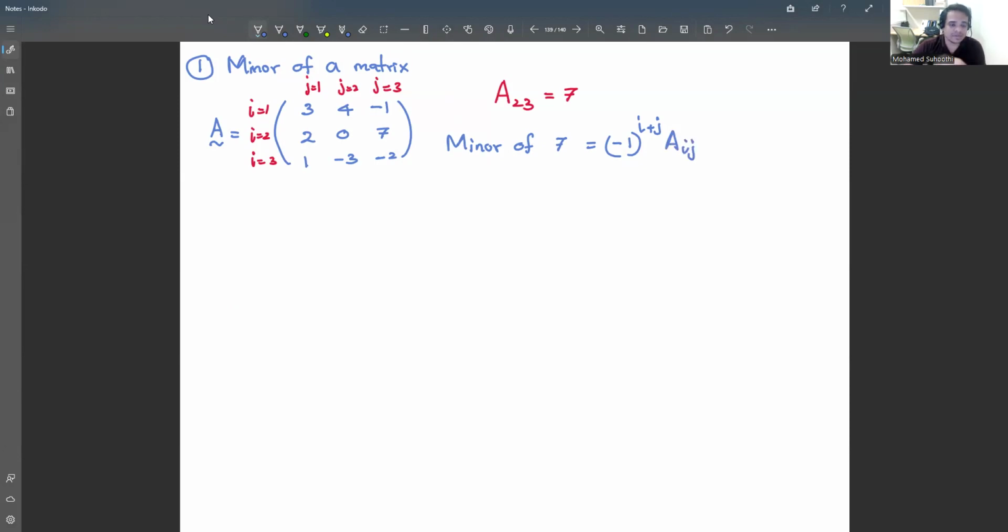So this is the minor of an element. Here i is 2, j is 3, and the element is 7. Then minus 1 to the power 5 is minus 1, into 7, gives minus 7. This is the minor. This we define as a minor of a matrix.